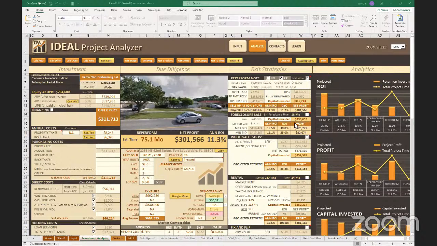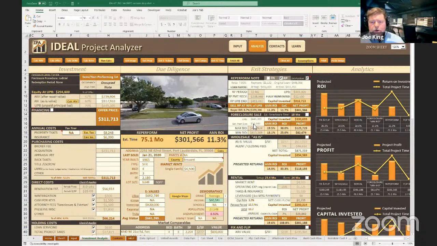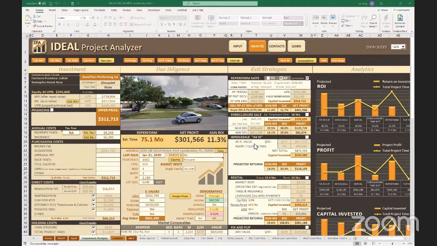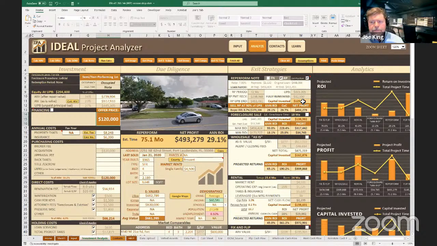So I was just trying to figure out where that was coming from. That was back when 120,000 was your offer price. Okay, I just put it back to 120 just so that we can follow what you're saying there.